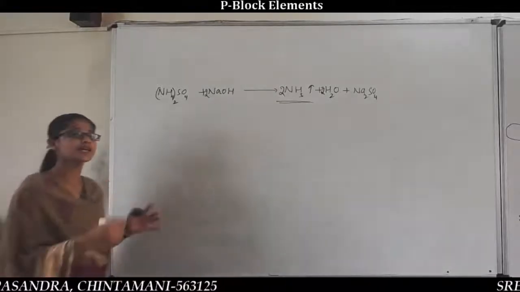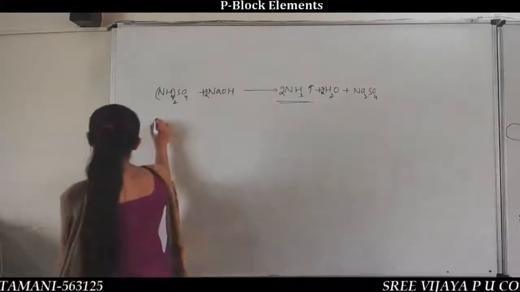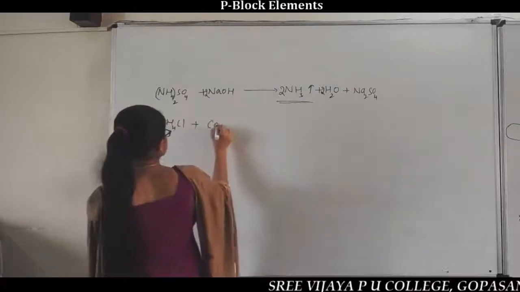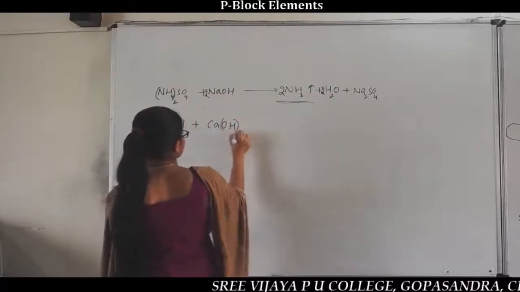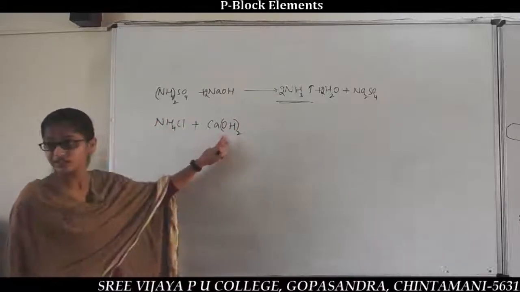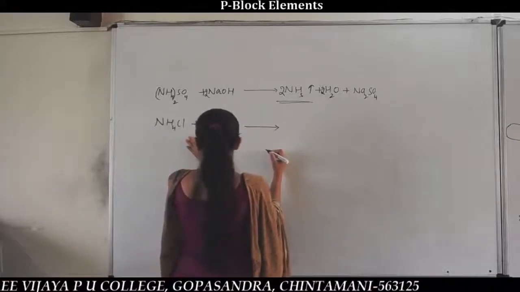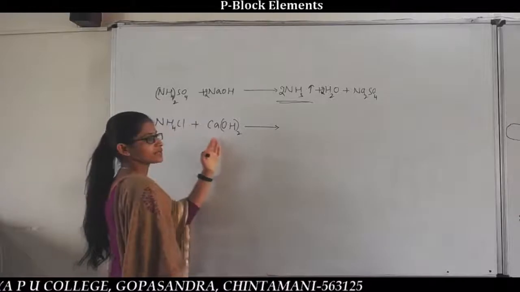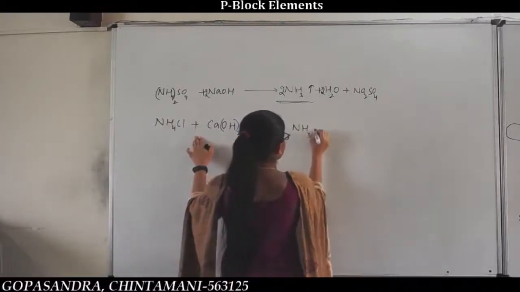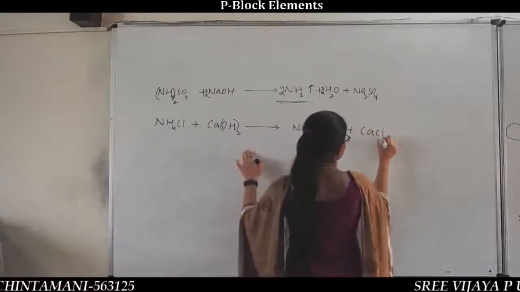Now we take another example of an ammonium salt, ammonium chloride. Ammonium chloride is treated with another base, calcium hydroxide, also called lime water, which is basic in nature. Both react with each other and give ammonia, eliminated along with water, and the salt calcium chloride.